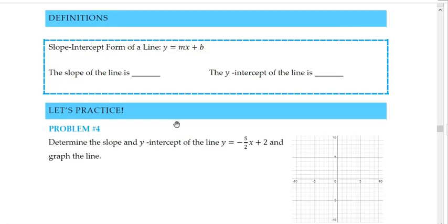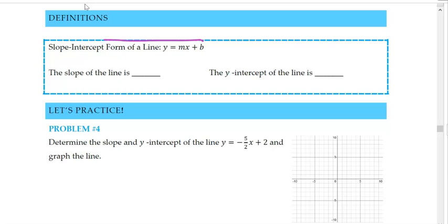All right, so the slope-intercept form of a line we're going to use a lot, and it is something that you need to make sure that you have memorized, and maybe it's one that you've heard before. Slope-intercept form of a line is y equals mx plus b.